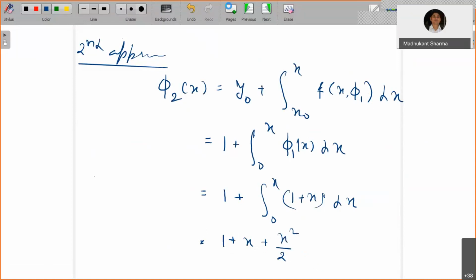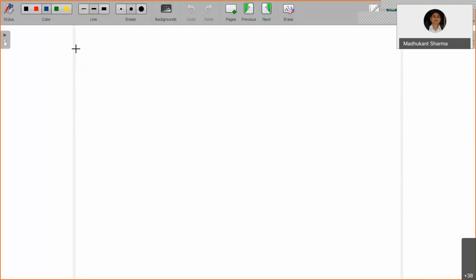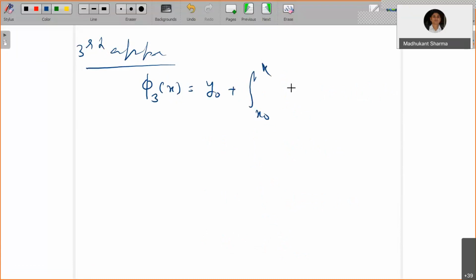So let's take one more approximation, the third approximation. So the third approximation p3 is equals to y naught plus integration x naught to x f of x comma p2 dx. So for this particular problem, this f of x comma p2 is p2. Okay, so it's not for a general problem.